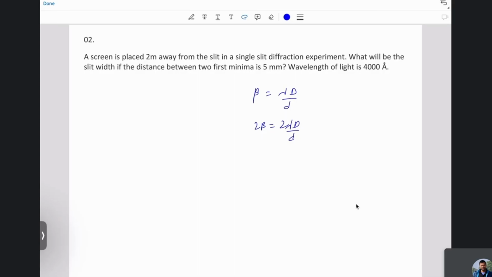Yeah. So you have the lambda and the screen distance, so you can calculate the d, right? Straightforward. So it is, sorry, 2 lambda D by d is 10, right?